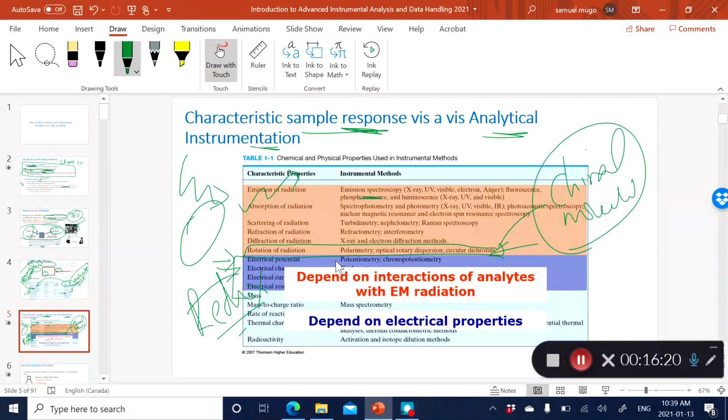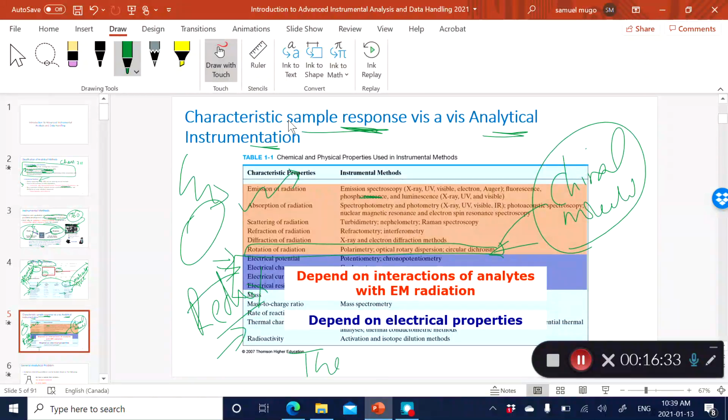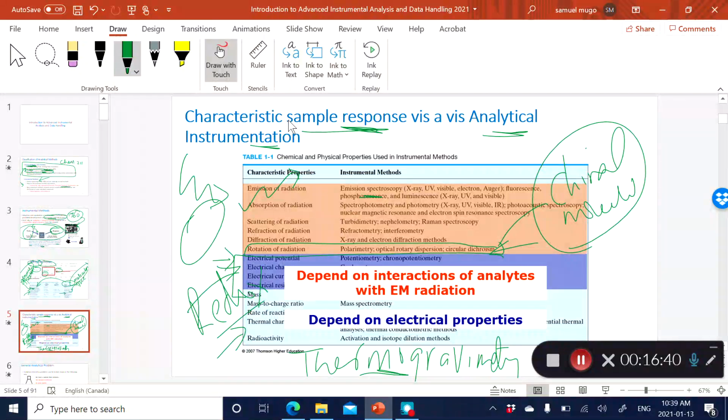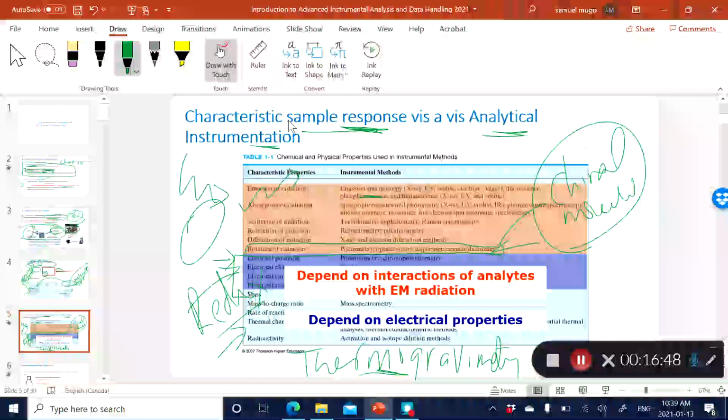Now, but also you can use thermal energy. And the thermal energy is just something like heat. You can have techniques such as thermogravimetry, and this is where you use heat, or simply an oven, and you use that type of energy to induce changes on the chemical species.